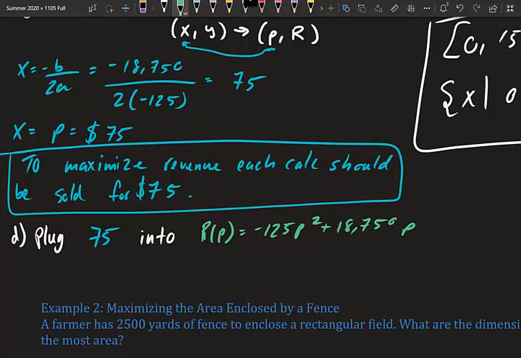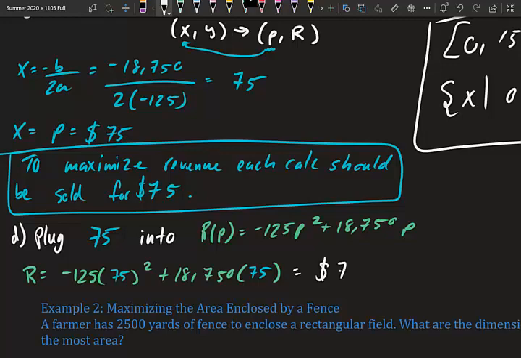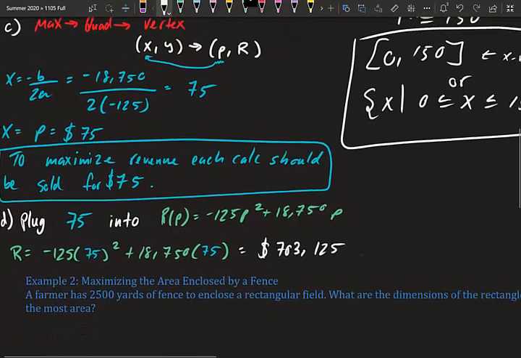So we have revenue equals negative 125 P squared plus 18,750 P. Do you notice every time I say that variable, I leave a space and then go plug it back in after? It's a great habit to get into. So you plug it into your handy dandy calculator, and we get 703,125.